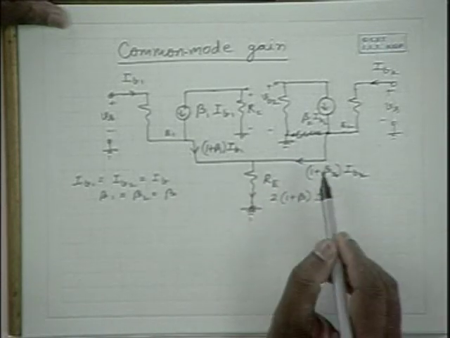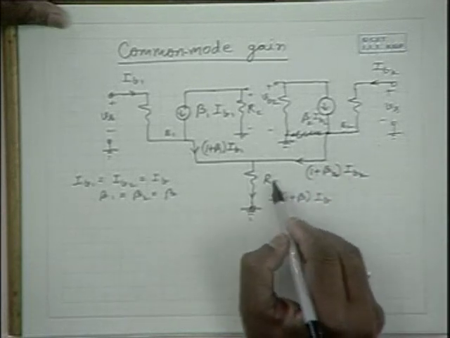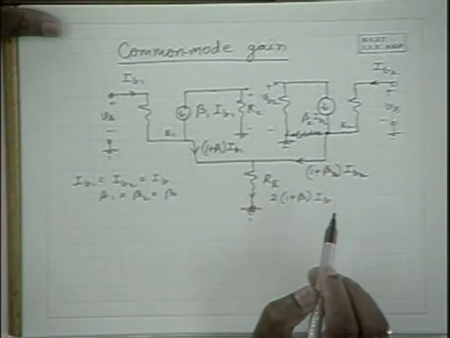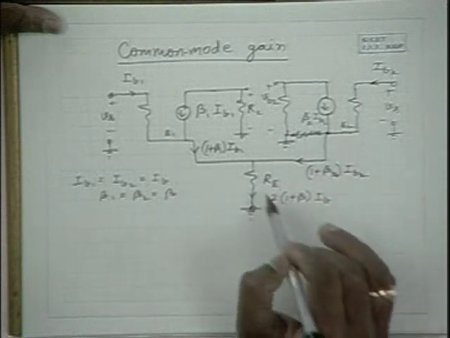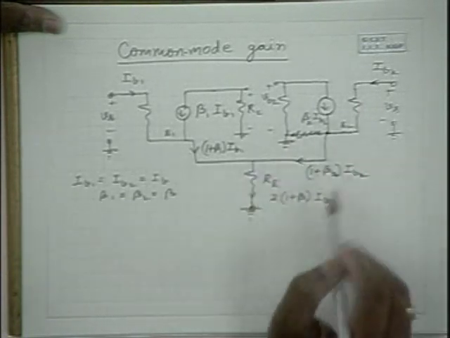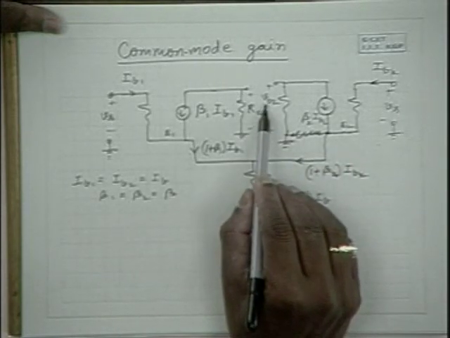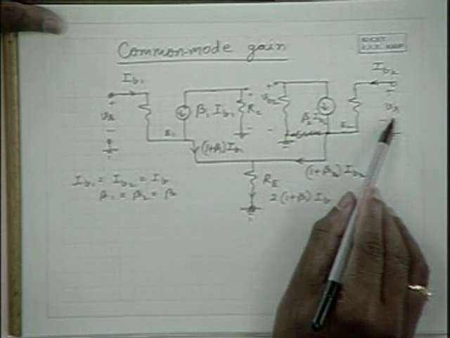The same thing can be obtained with this current equal to 1 plus beta IB itself, but the resistance equal to 2 Re. Hence, if you analyze this side, it is clear and good enough, and one can determine an expression for the output voltage in terms of the input voltage Vs.